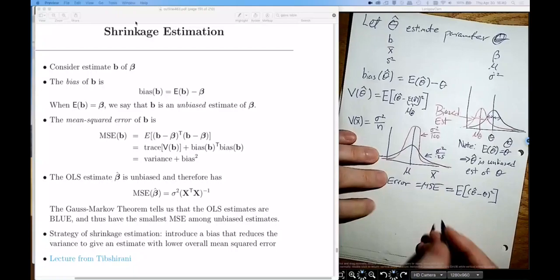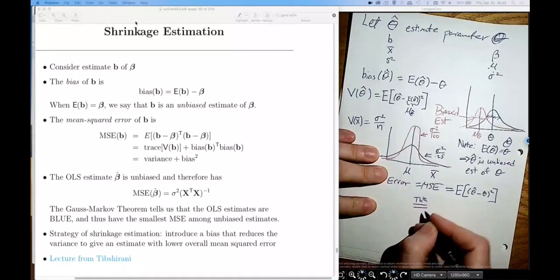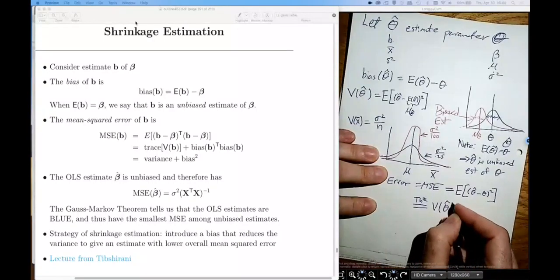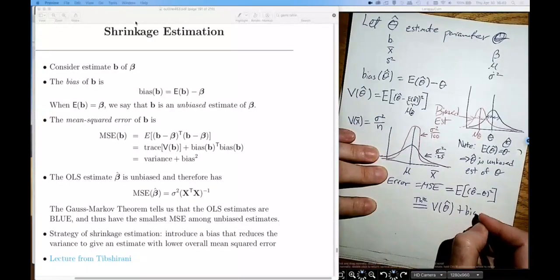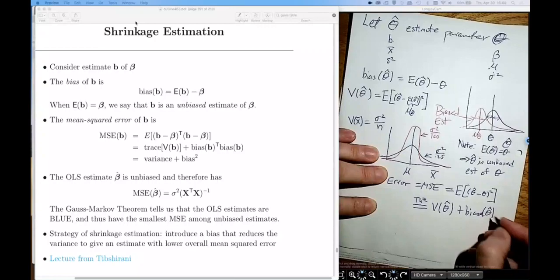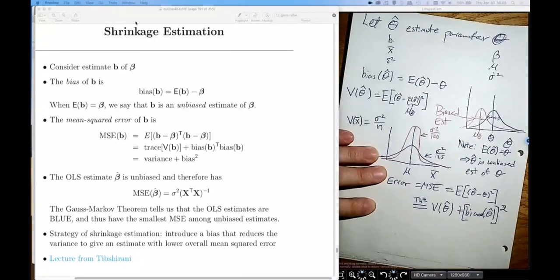There's a very famous theorem: this equals the variance of my statistic plus the bias squared. So the bias of theta hat, with brackets around it, squared.